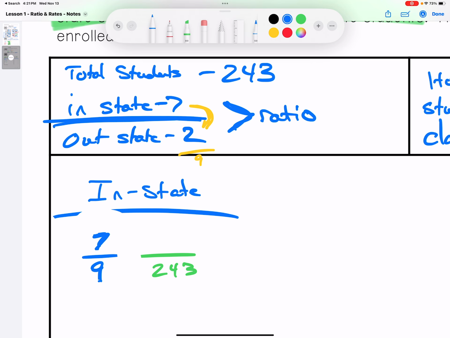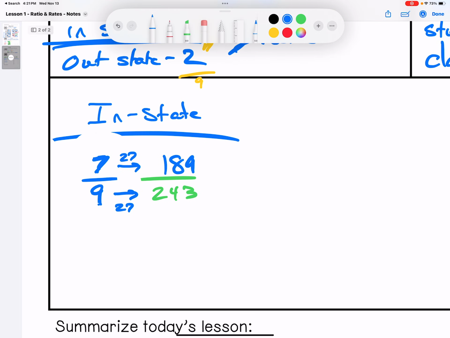So 243 divided by 9. They multiplied this by 27 to get that. So what do you think we need to do at the top? Multiply it by 27. So 27 times 7 is 189. So 189 out of the total 243 students were in-state.